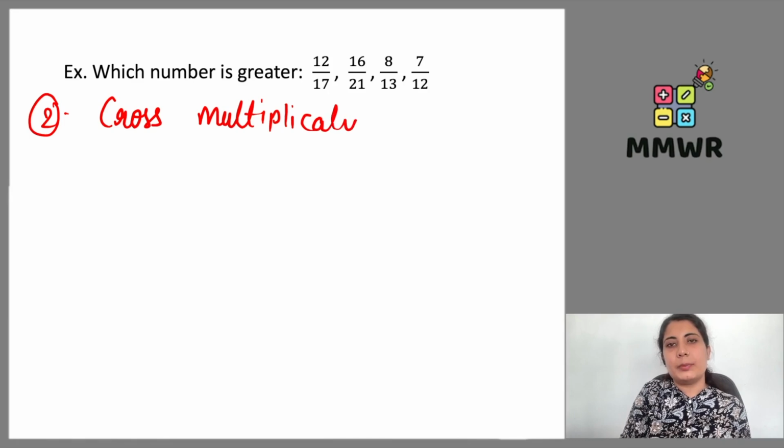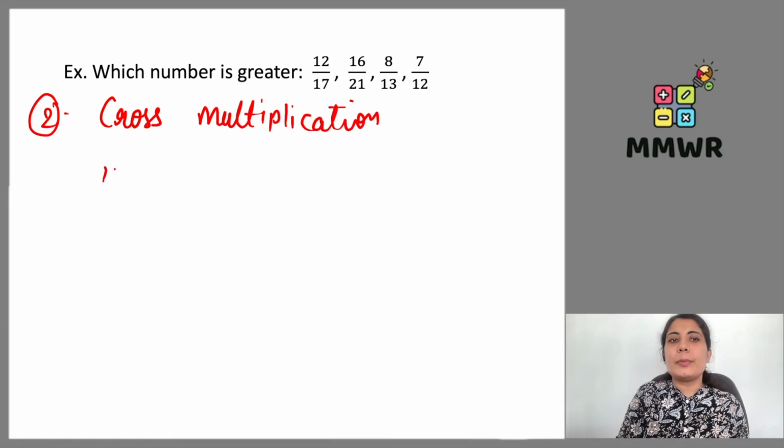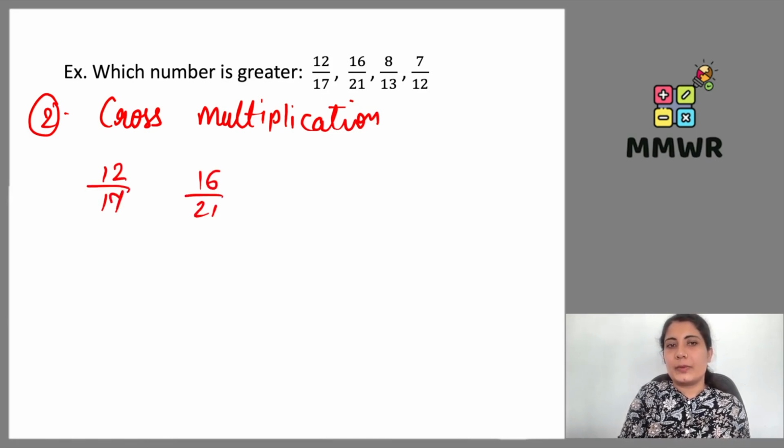Cross multiplication. What needs to be done? We have to compare two fractions together: 12 upon 17 and 16 upon 21.